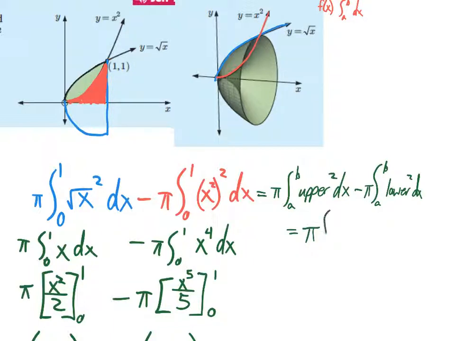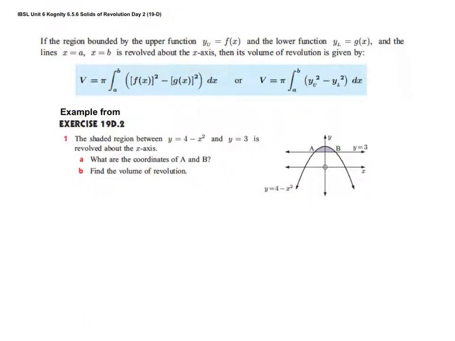So actually what I can do here is take the integral from a to b of the upper squared minus the lower squared. And that takes us to our formula, which is on our next slide here.